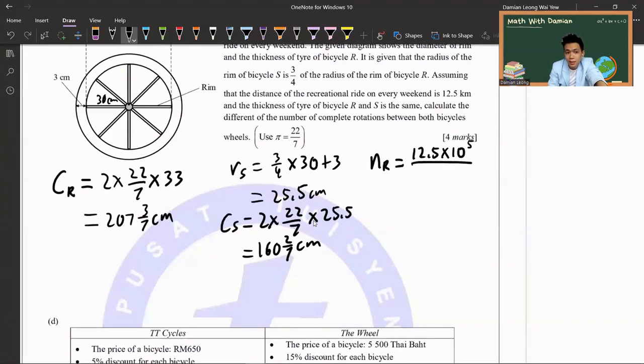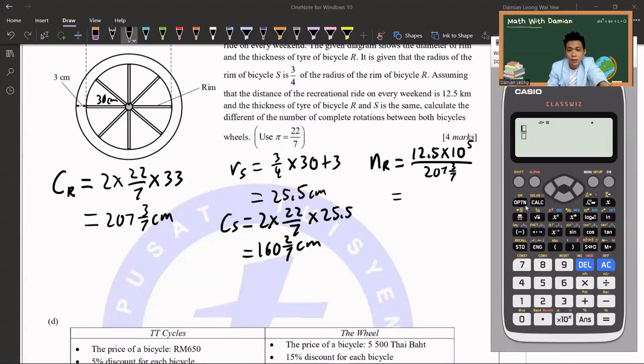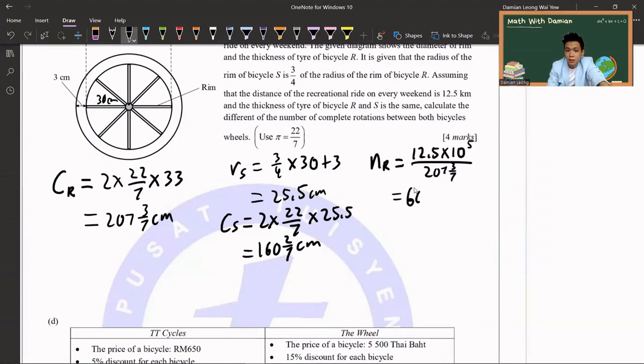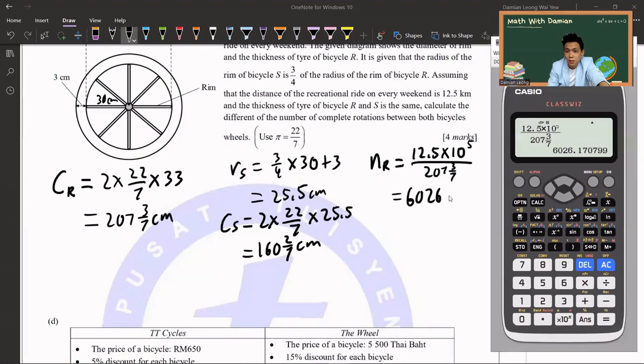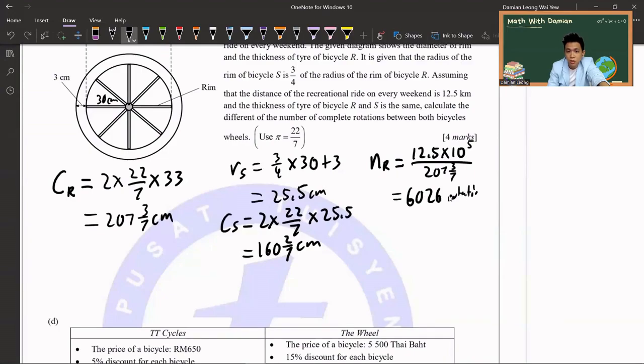So I divide by how much distance for one rotation. So we can take 12.5 times 10 power 5 divided by 207 3/7. 6026 rotations.